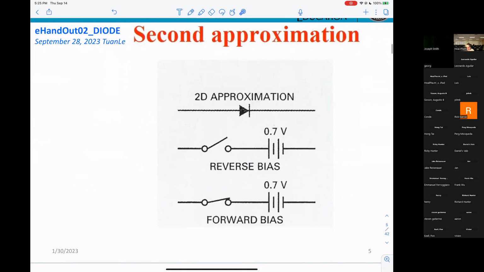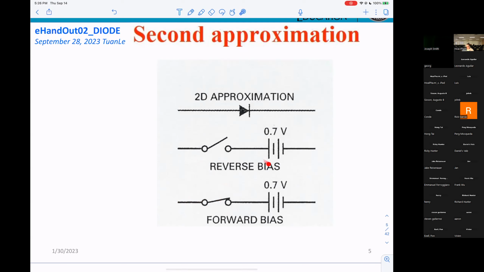Now, second approximation. This is a diode. When they open, no current can flow. And when they're on, that means they close here. That means they allow the current flow.